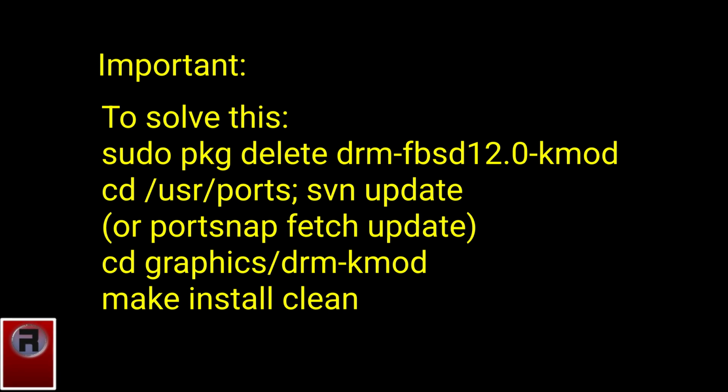So delete the actual offending kmods, change directory into ports, and you can either use svn update, or if you're using portsnap, fetch update, change into the directory drm-kmod, and make install clean. Now I've not tried this. This is something which I picked up from some people who had come across this issue and issued a fix, so it may work or it may not.